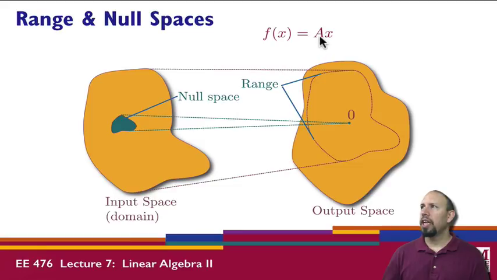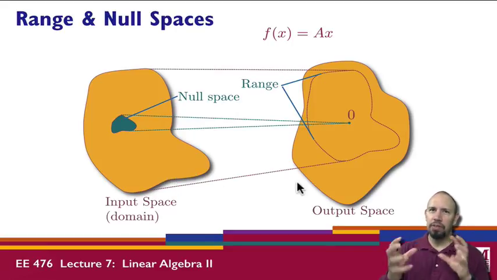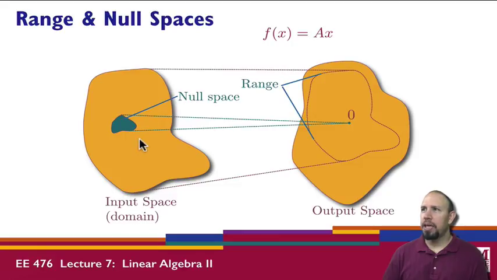Remember that for a case like this, if we have an m by n matrix A, that means the input space is n-dimensional, the output space is m-dimensional, and so these two spaces are not the same. So we need to think in terms of the fact that we can have different spaces.